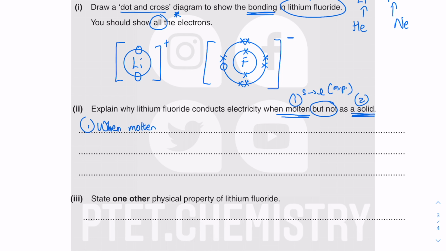When molten, the ions, meaning Li plus and F minus, are free to move around because now they can slide past each other. They are no longer just vibrating about fixed positions. They are free to move and therefore can conduct electricity.